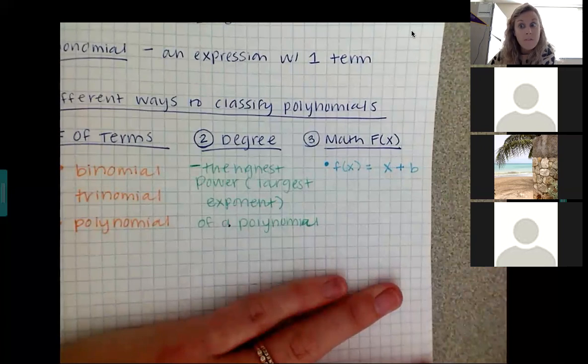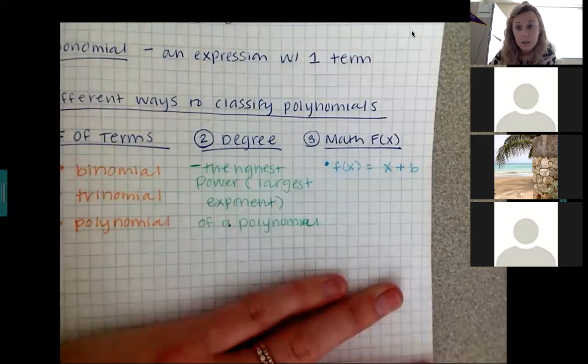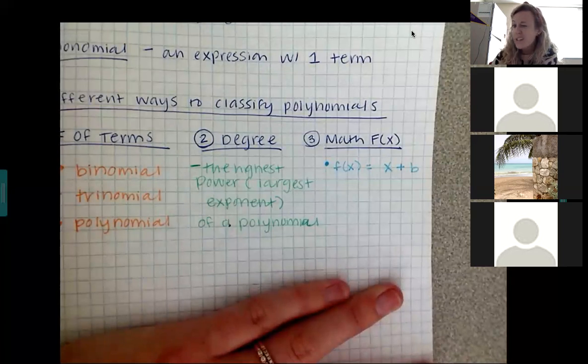Not polynomial, function. So remember in math, a function is a special one-to-one relationship that we can graph. So what kind of graph would just have a plain x and then maybe something added to it? What would that graph look like? Slope-intercept form, which is the equation of a, what's the graph look like? What has a constant slope in math?